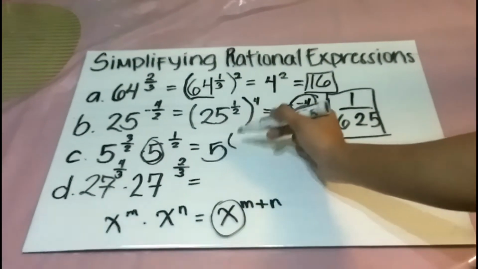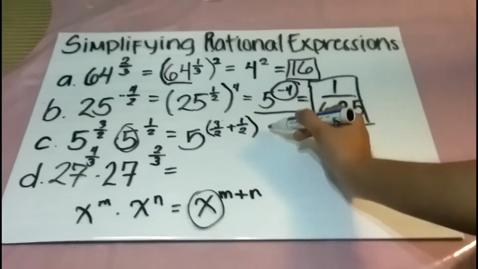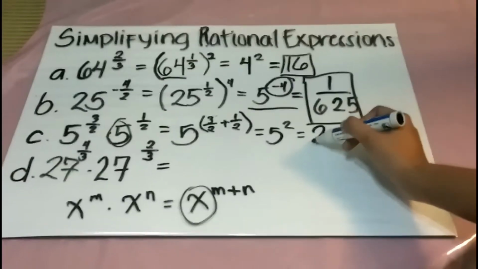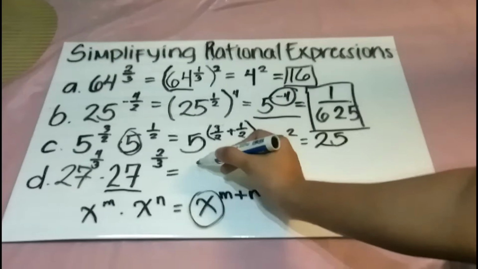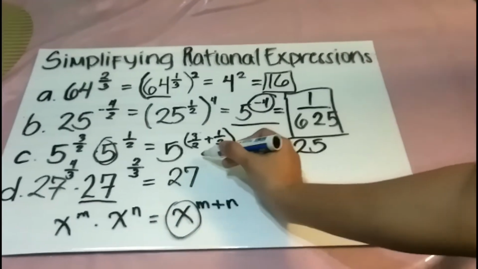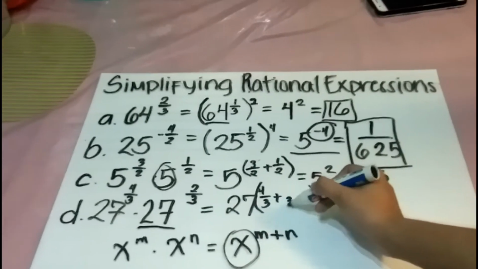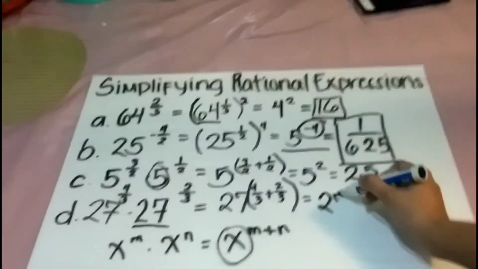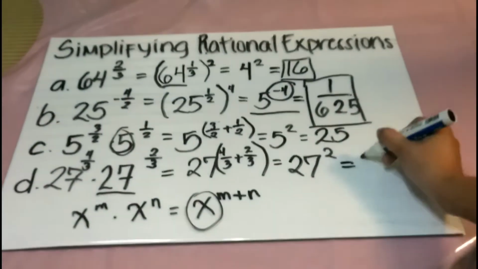So, you should put 3 over 2 plus 1 over 2, which will be equal to 5 raised to 2, equals 25. The same will go with the next one. 27 would be the x. Then, raise it to 4 over 3 plus 2 over 3, which will be equal to 27 raised to 2, or 729.